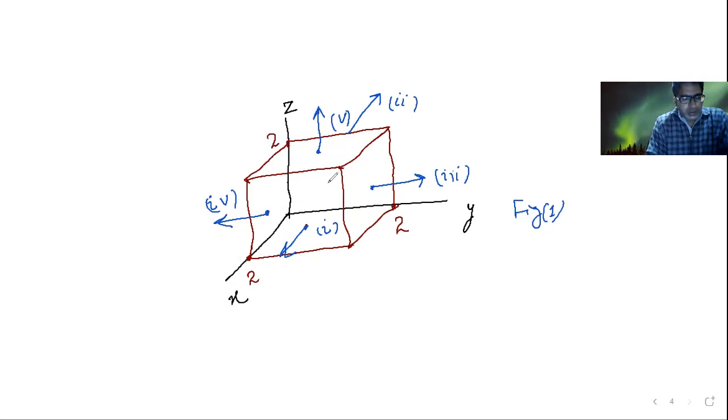First, we will discuss side 1. For side 1, x is 2. What is my dA vector?